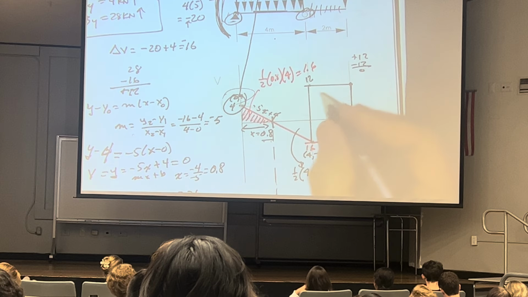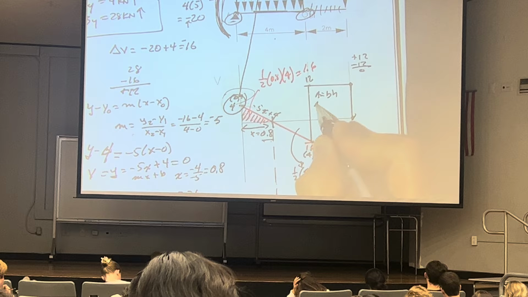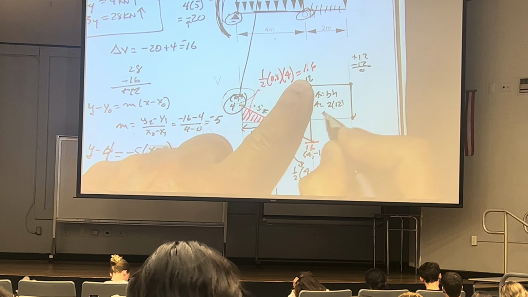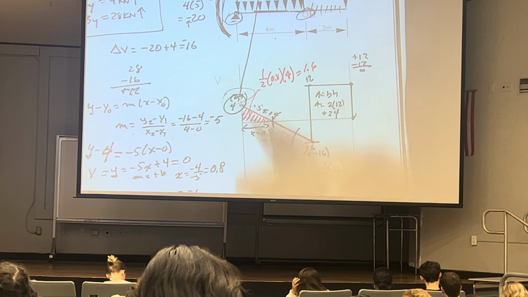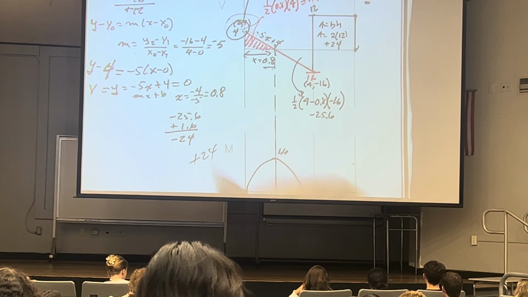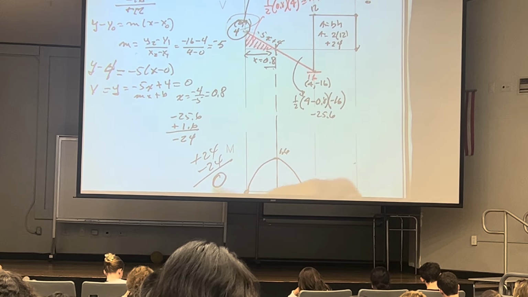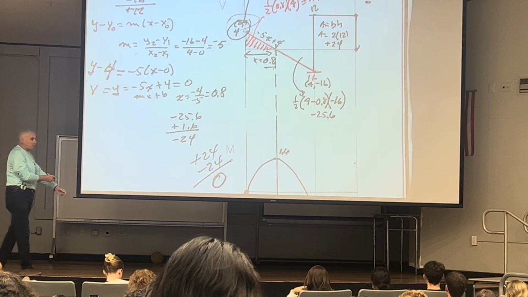I see this area. This area is base times height. Base is 2, height is 12. This is a positive 24. Why? Because it's a positive area above the x-axis. Positive 24 and a minus 24 is 0. That's pretty. I like that because I know I've got to go to 0.